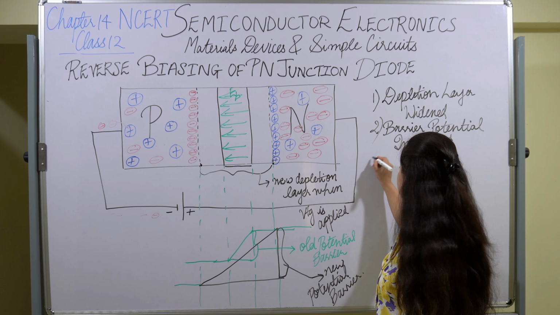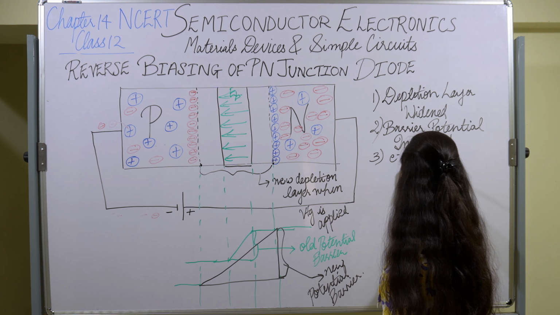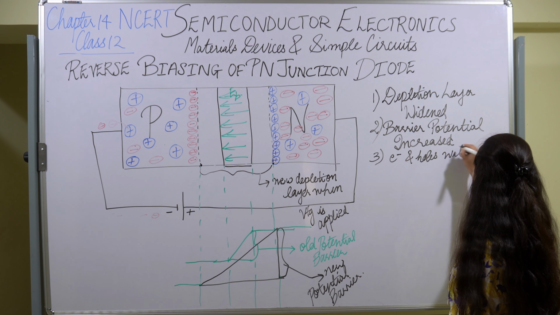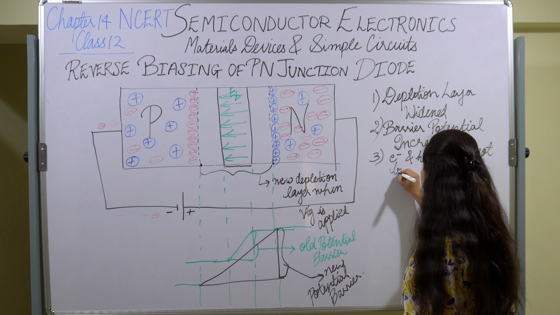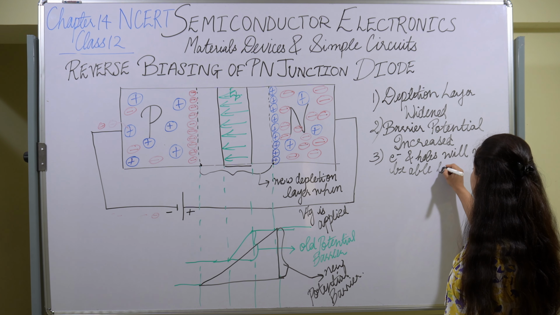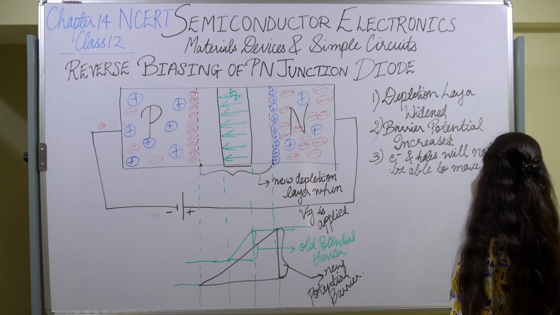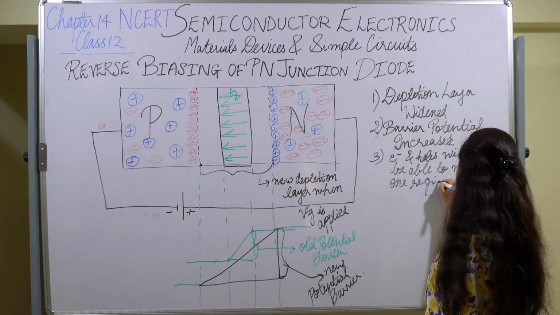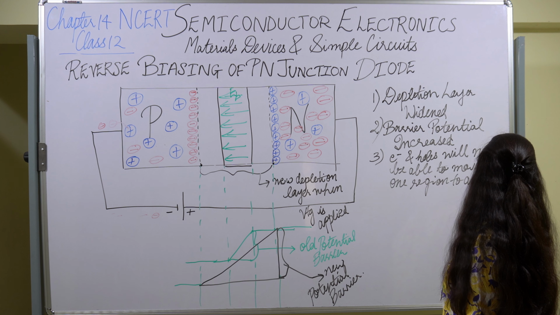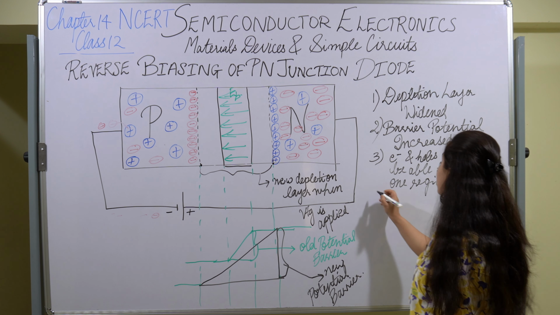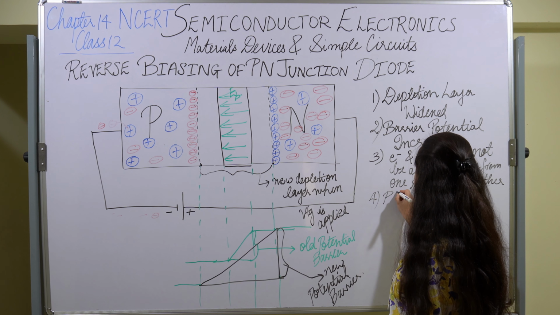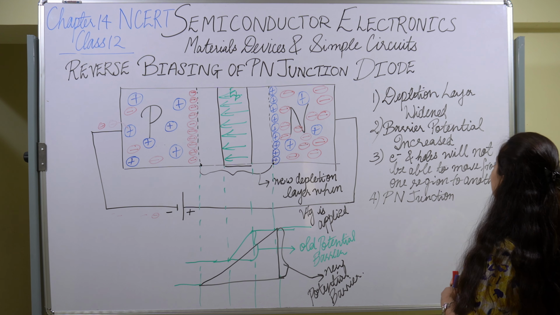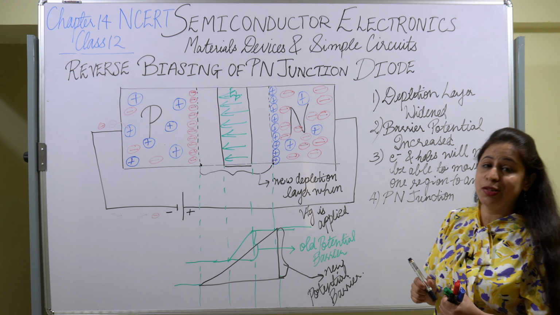Third point, electrons and holes will not be able to move from one region to another. Fourth point, the PN junction behaves as an insulator.